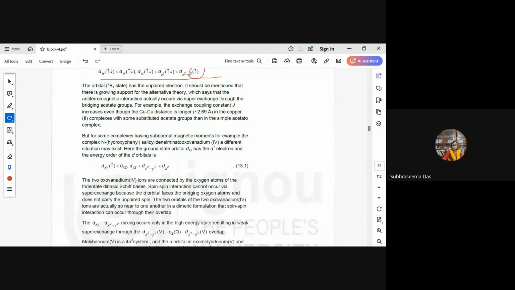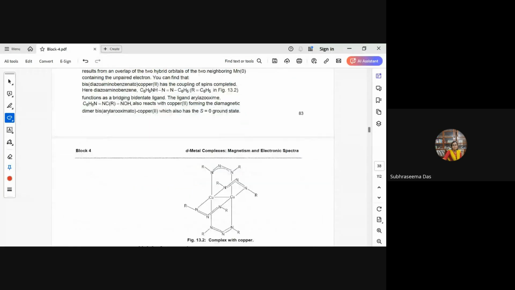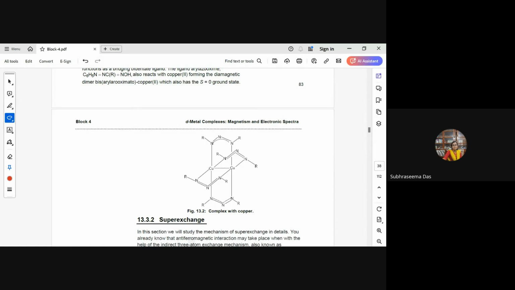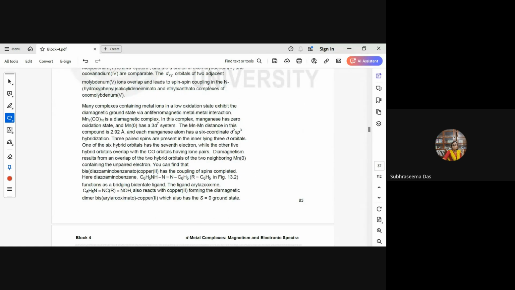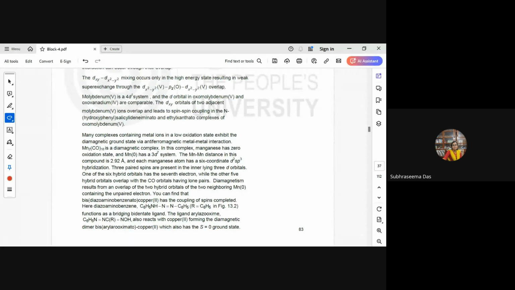Now for some complexes that have subnormal magnetic moments, other cases arise, like the example here. Many complexes having metal ions in low oxidation state exhibit a diamagnetic ground state. In this complex, particularly Mn2(CO)10, it is a diamagnetic complex.